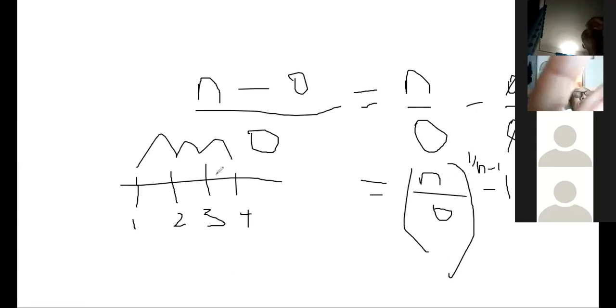So if we have 4 years, it will be 3, because there are 3 growths for 4 years. If we have 5 years, then it will be 4 years of growth. So basically, that is why we use newest over oldest, to the power 1 over n minus 1, to calculate our growth. Okay.